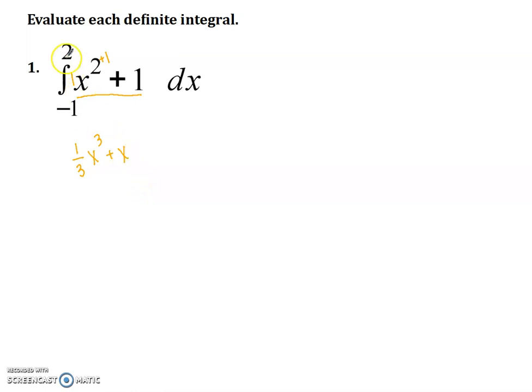Now, when you're doing definite integrals, that's when there's a number here. You don't have to put a plus c. So you don't have to do a plus c with definite integrals.